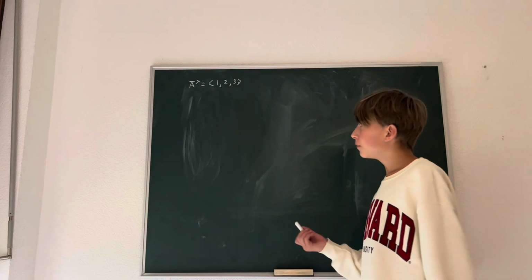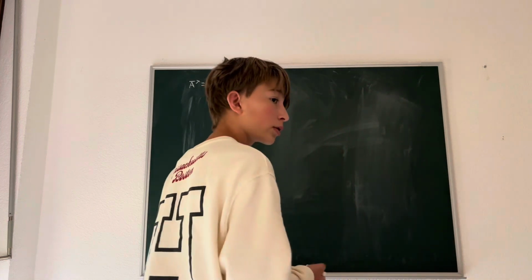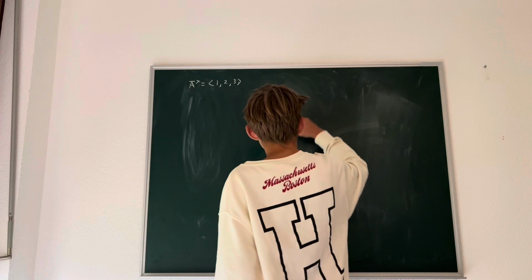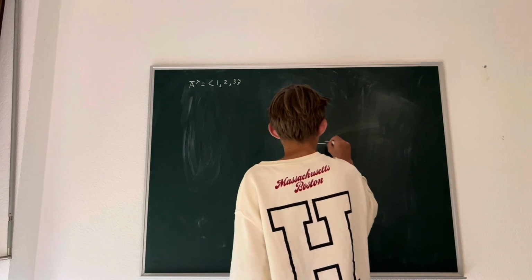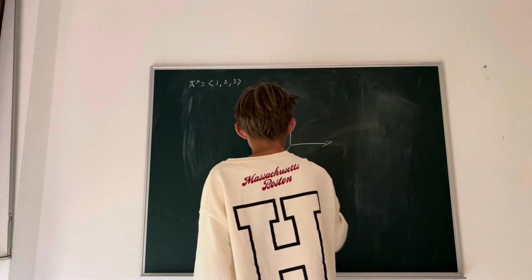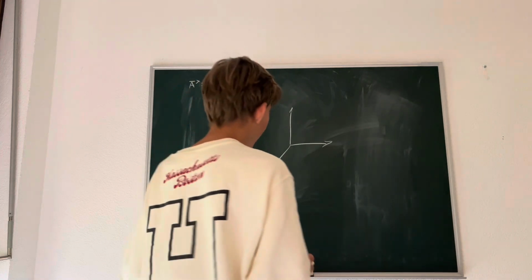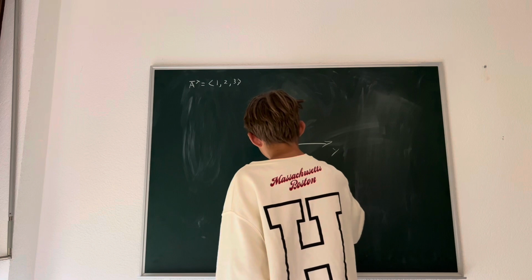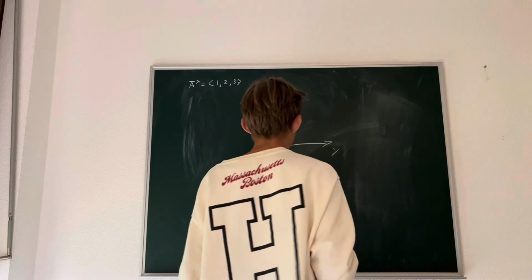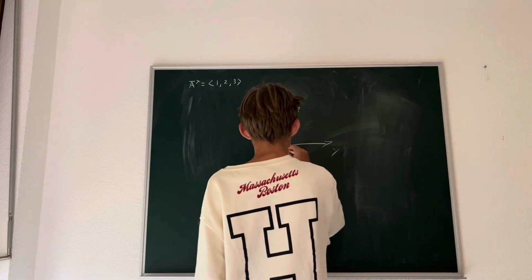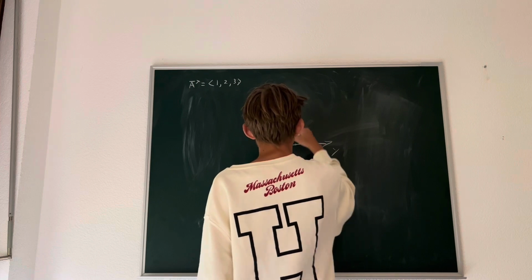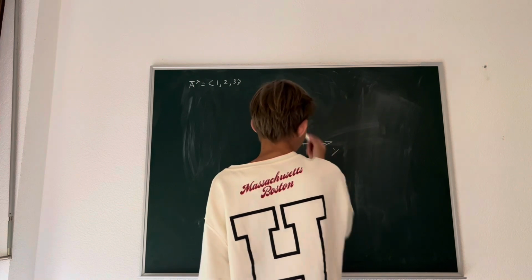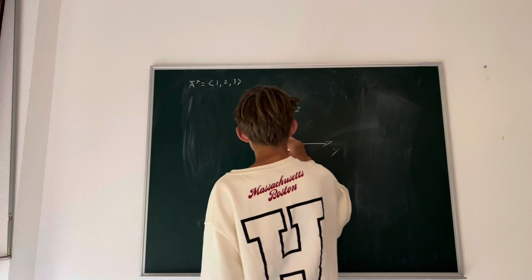So we can visualize this vector, and hopefully it will give you a better intuition of the magnitude. This is going to be y, x, and z, and the components are going to be 1, 2, 3.